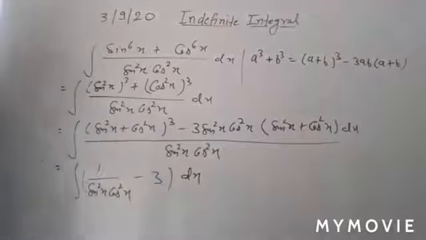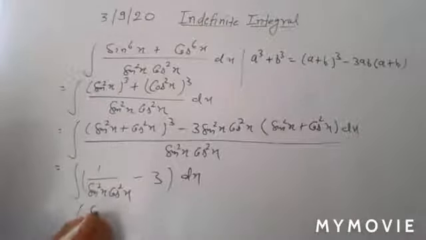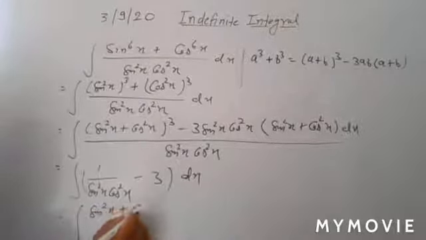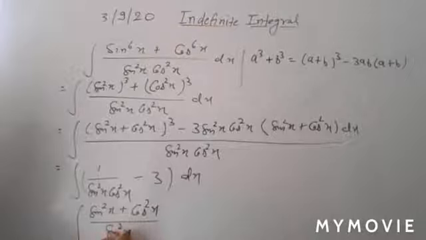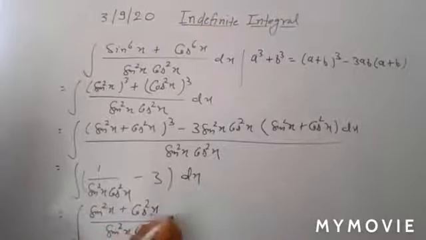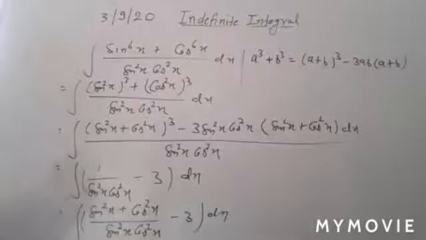Understand? Now, in place of 1, you can write sine square x plus cos square x. So write sine square x plus cos square x divided by sine square x cos square x, minus 3, into dx.